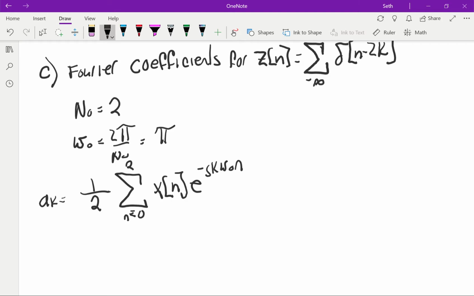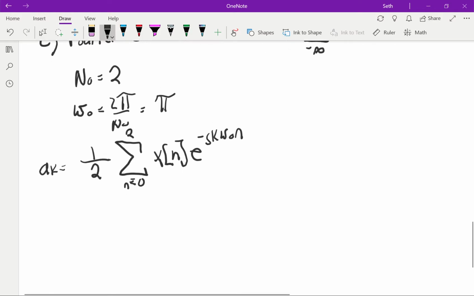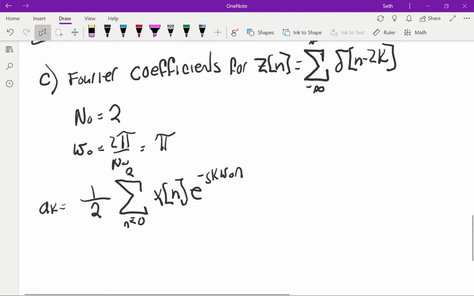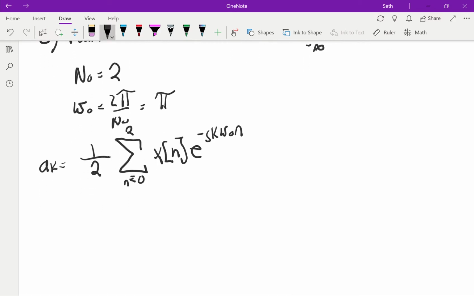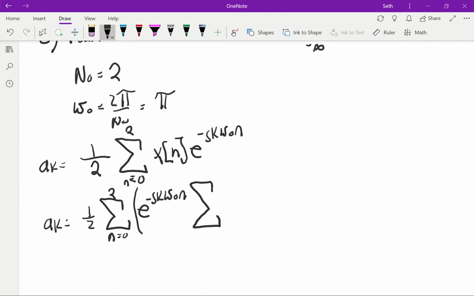The subtlety here is that x of n itself is an infinite series, so the way to write this is the sum over n from 0, of the sum over k, of delta shifted, times e to the minus j k omega naught n. Let's not do it that way.